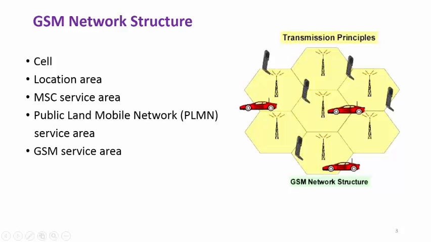This GSM network structure consists of, first, the cell; second, location area; then mobile switching center service area; then PLMN, that is public land mobile network service area; and finally the combination of all, that is cell, location area, mobile switching center service area and PLMN service area, which are included in the GSM service area. So we will see them one by one.